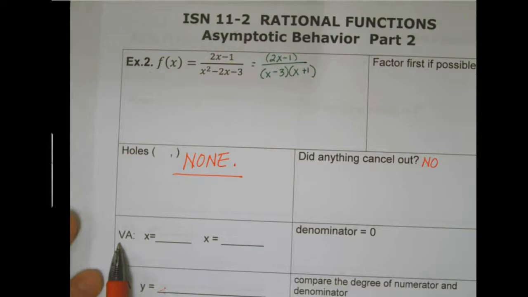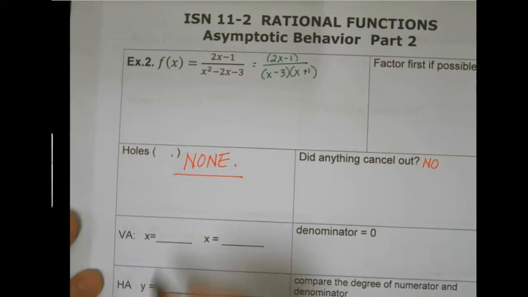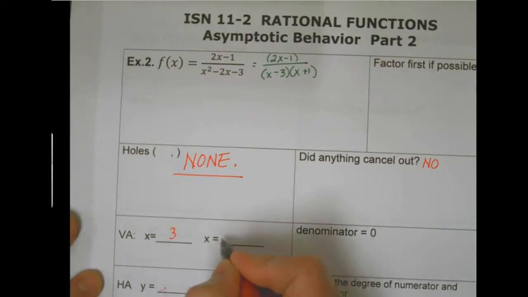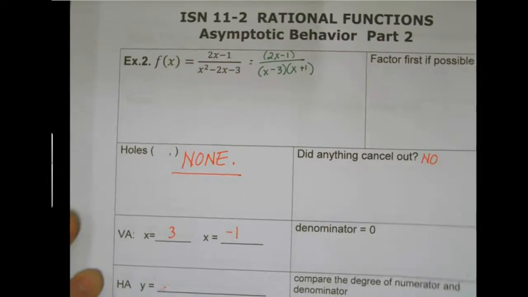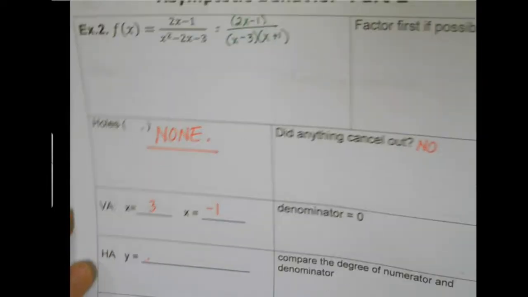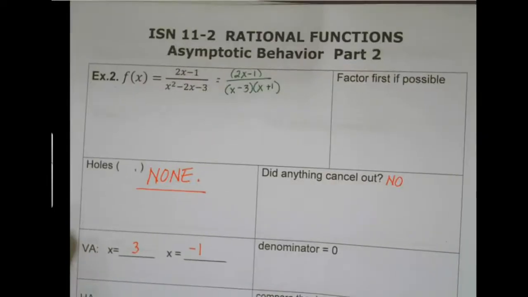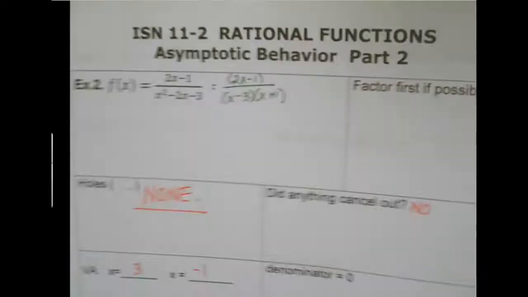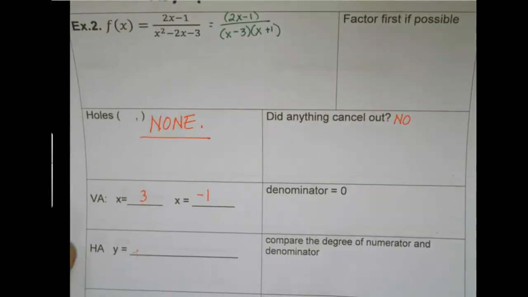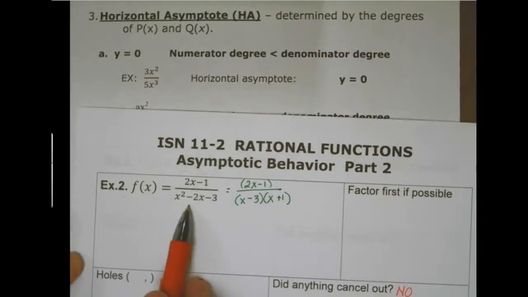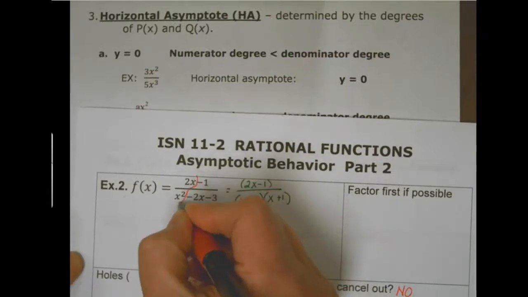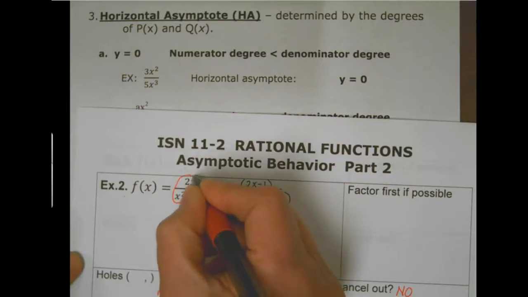Okay, so what do we have for our vertical asymptotes from yesterday? Oh, I wrote it down the other way. We wrote it down with the -1 first yesterday. Does that matter? Okay, so what we're looking at today is the y parts, the horizontal asymptotes. So up here at the graph, before I canceled anything out, this is the part I'm looking at.